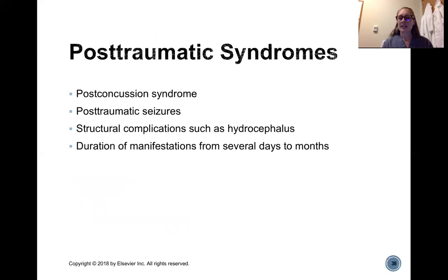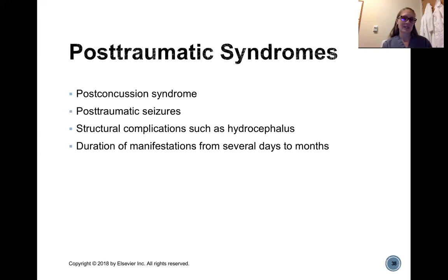So some of the things that can happen after a head injury are listed here. So we have our post-concussion syndrome. This is going to be nausea, dizziness, headache, photophobia, fatigue, irritability, and this can last from days to 6 months.